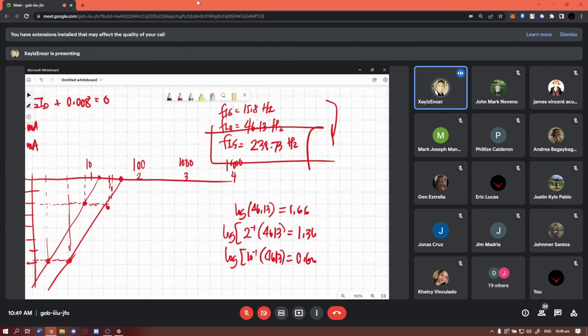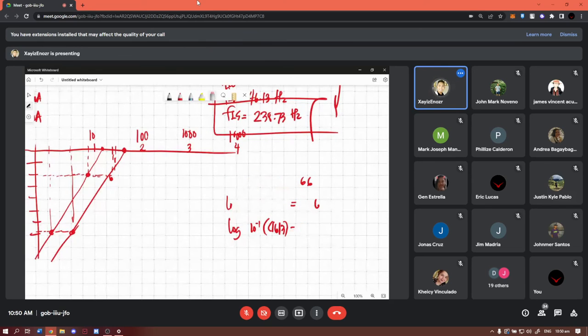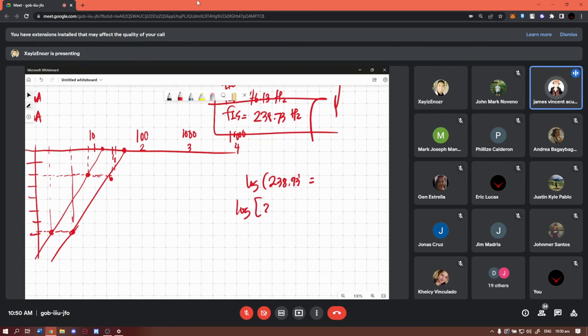So let's repeat the process. The logarithm of 238.73 is 2.38. The first octave backwards of 238.73 is 2.08.